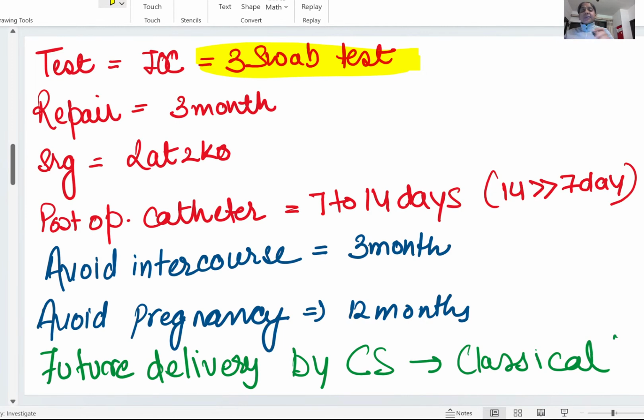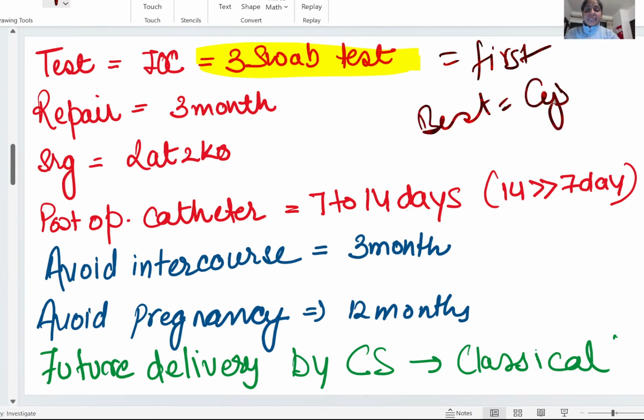Or the first investigation? It is the 3 swab test. And what is the best investigation? The best investigation is cystoscopy.